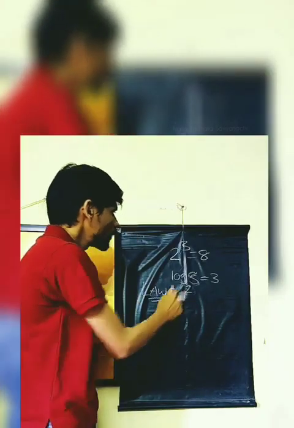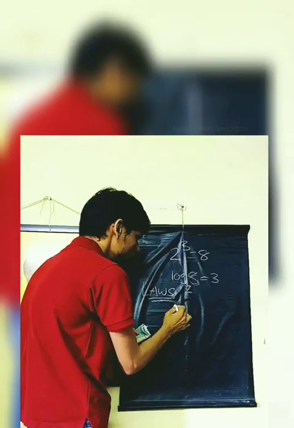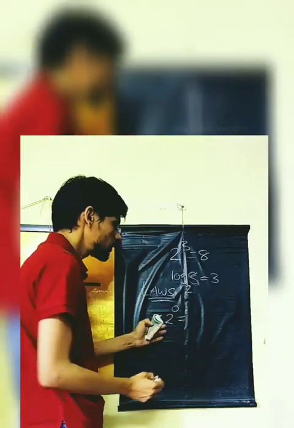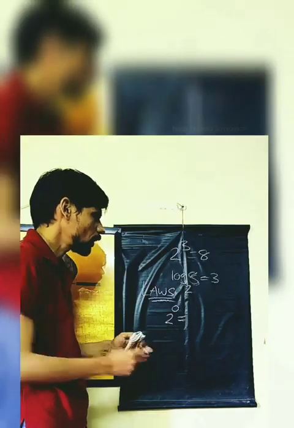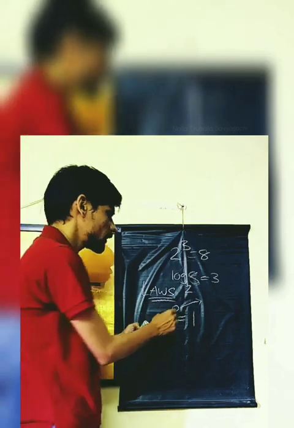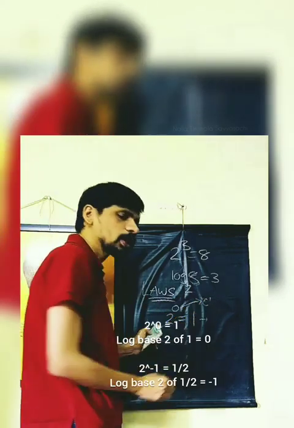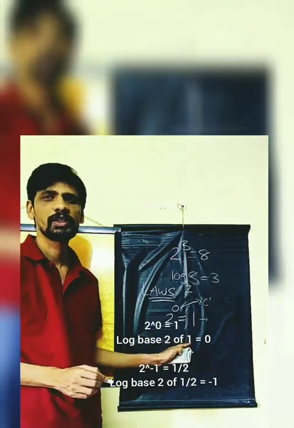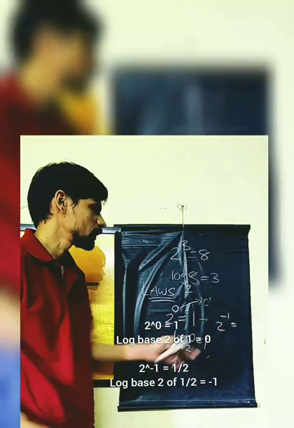If someone says 2 power 0, what will be the output? This is normal, not log. 2 power 0 is always 1. So when someone gives you an exponent or index of 0, the value will always be 1, right? Now 2 power minus 1, what will be the scenario?